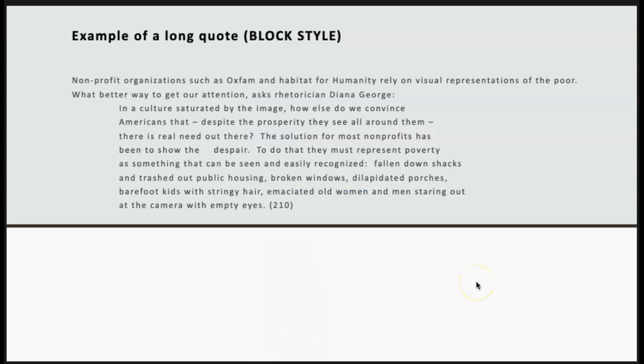So here's an example of a long quote, also called a block style quote. Nonprofit organizations such as Oxfam and Habitat for Humanity rely on visual representations of the poor. What better way to get our attention? Ask rhetorician Diana George. Notice we've set up the quote. We use a colon.